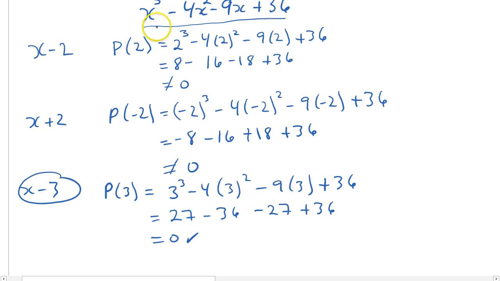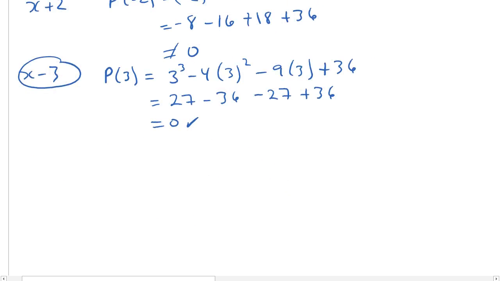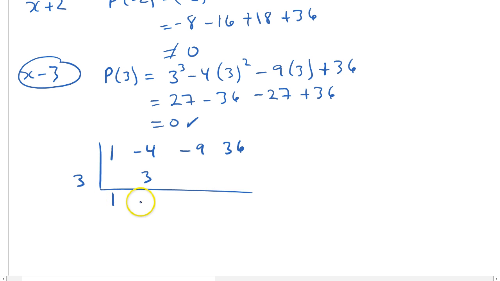Okay, so that means now I'm going to use this one and do my synthetic division. So when I do my synthetic division, using those coefficients of 1, minus 4, minus 9, and 36, my a value here is 3. So I get, and it works out, so I get a 0 here.